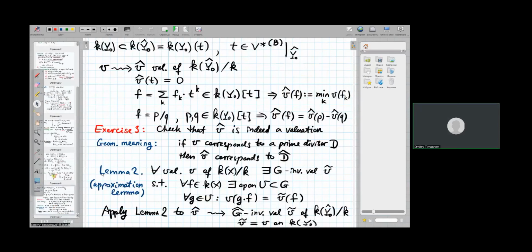This is the same as proving the fraction field of the left and the right hand side is the same because the original functions are x bar hat is the unique one dimension transcendental extension. Yes, absolutely.